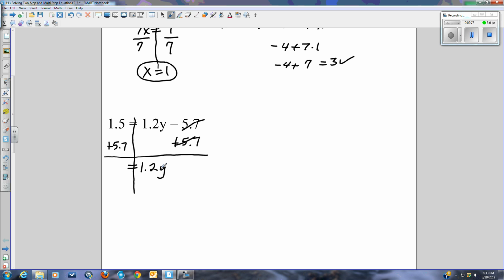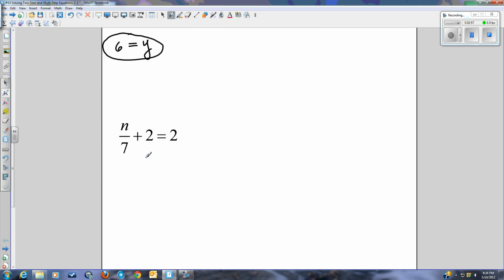On the left we have 1.5 plus 5.7, which gives us 7.2. We want to get y alone now. 1.2 is multiplying the y, so divide everything by 1.2. That's the opposite. The 1.2's cancel, and you have y is equal to 7.2 divided by 1.2 is 6. I'm going to have you check that on your own.